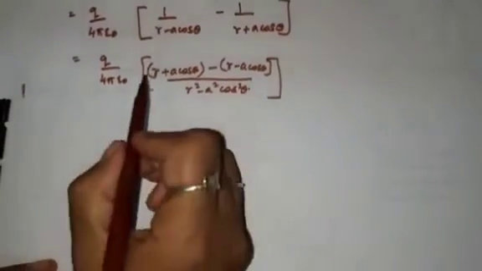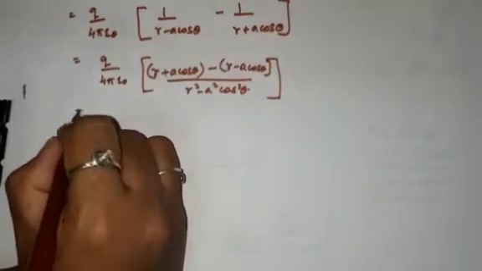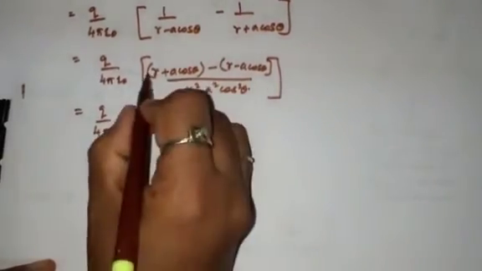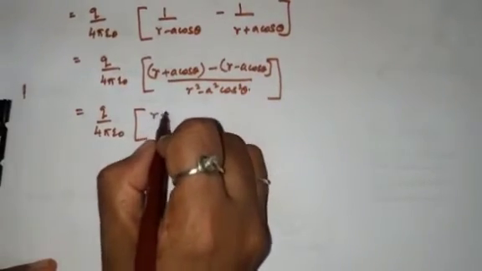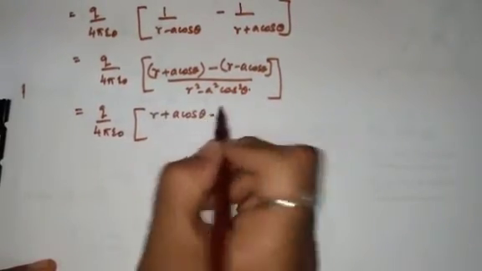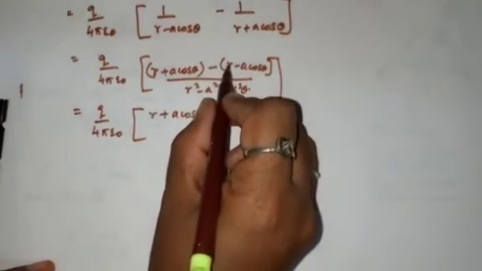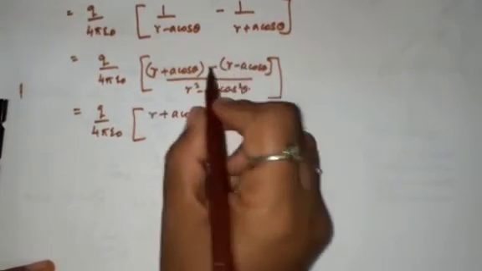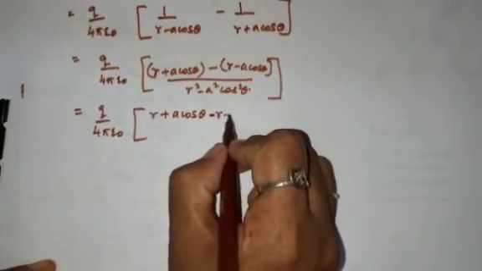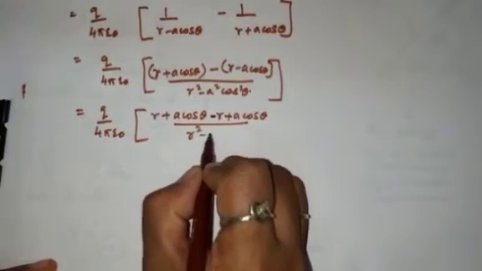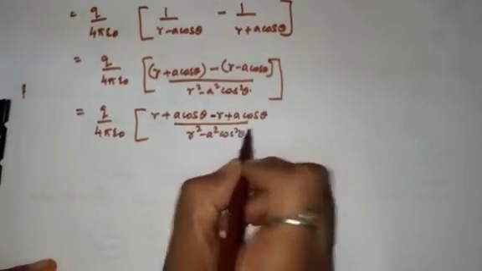Now when you calculate this, Q by 4 pi epsilon naught, this r plus a cos theta: minus into r will become minus r, minus into minus of a will become plus. So I'll write plus a cos theta by r square minus a square cos square theta.